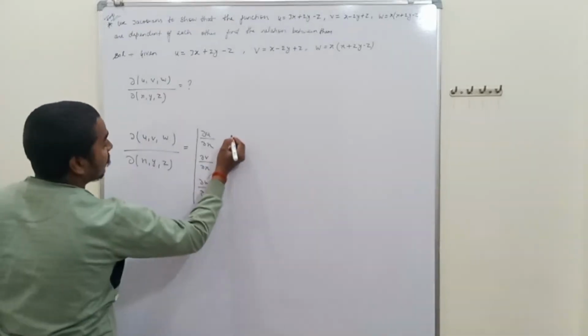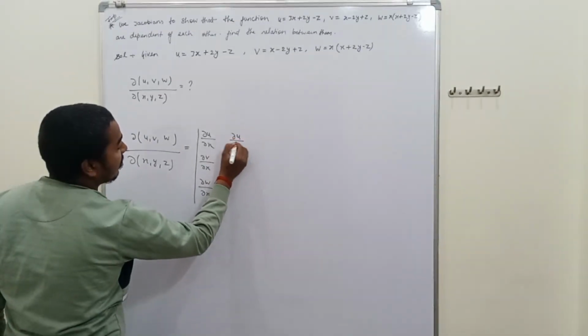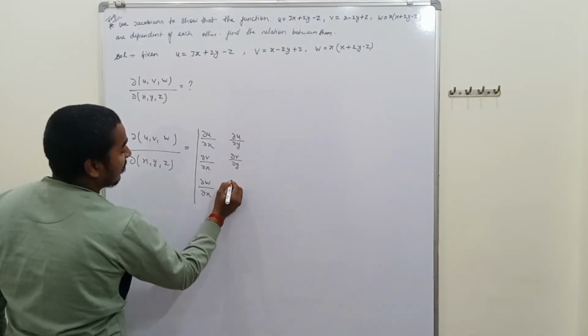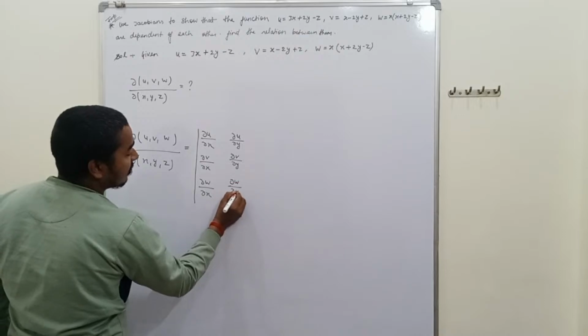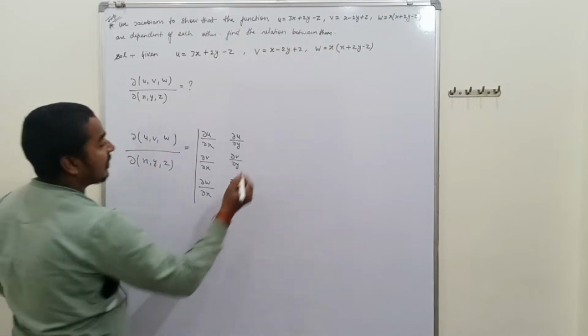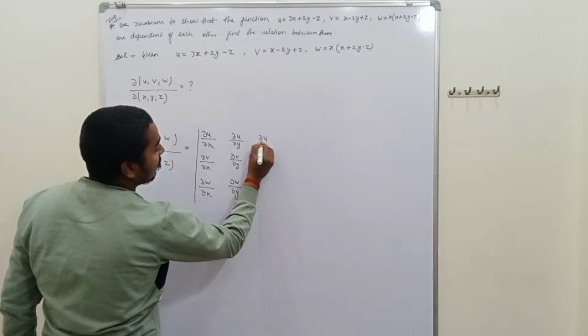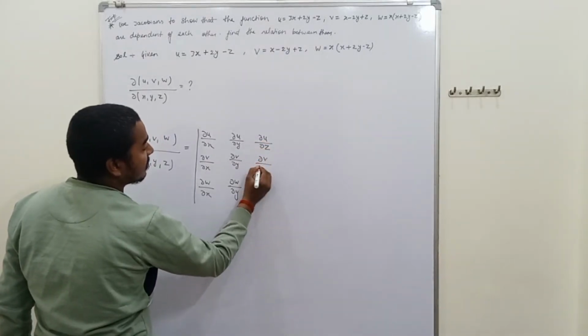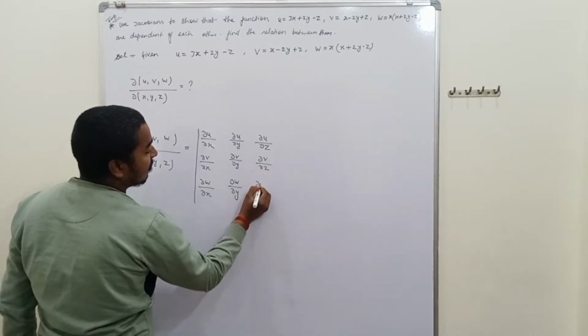Further for y, that is del u upon del y, del v upon del y and del w upon del y. For z, that is del u upon del z, del v upon del z and del w upon del z.